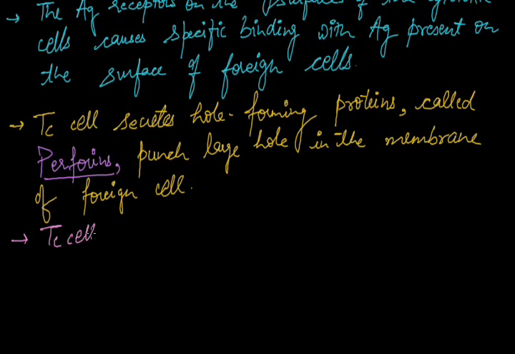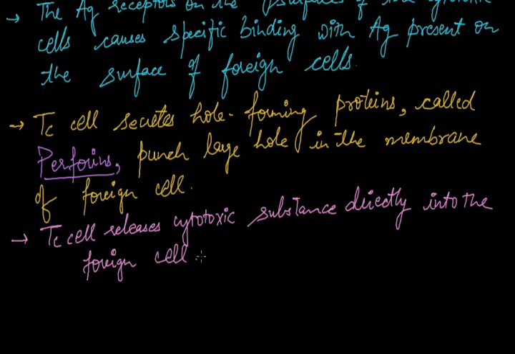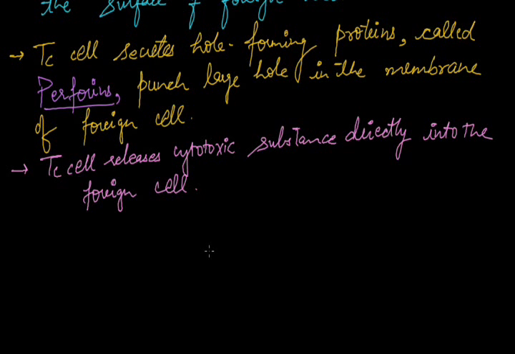The TC cell releases cytotoxic substances directly into the foreign cell, and by the mechanism of hole formation, the cell will die eventually.